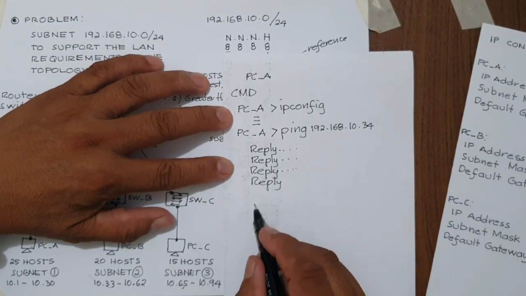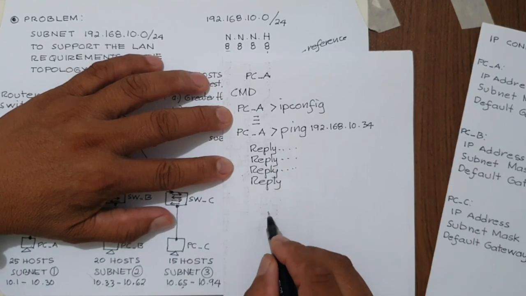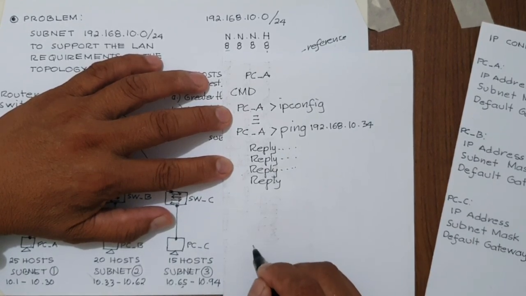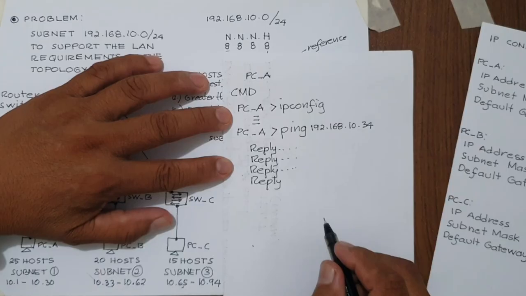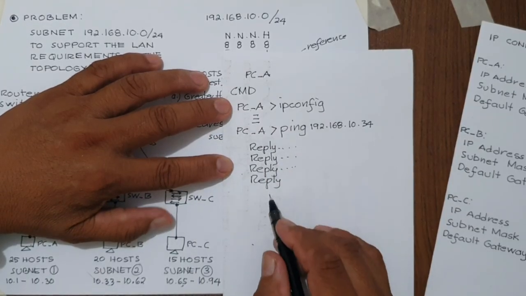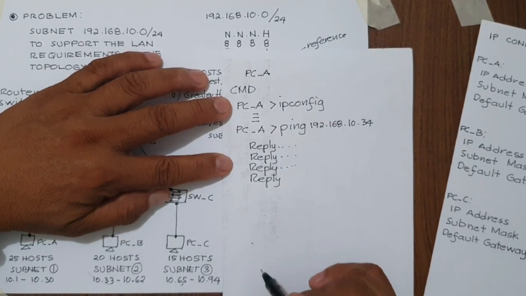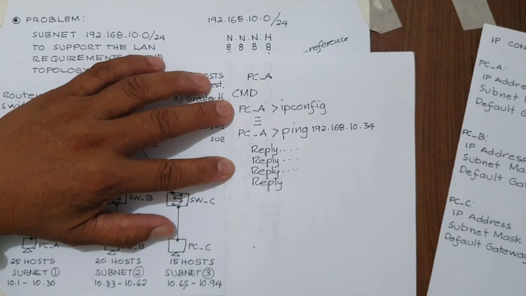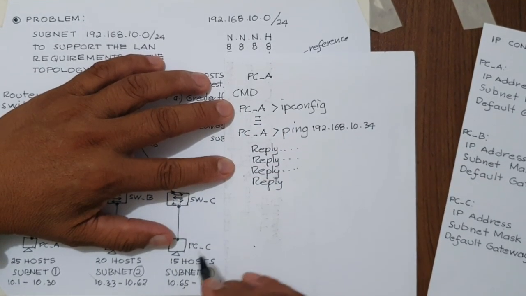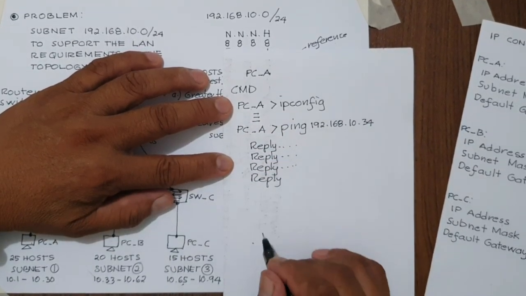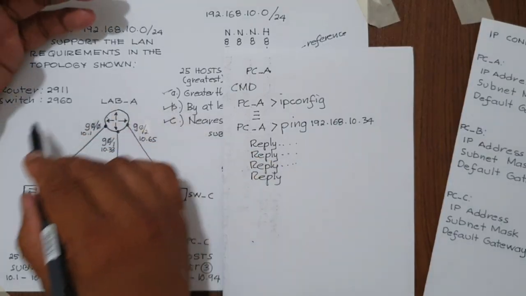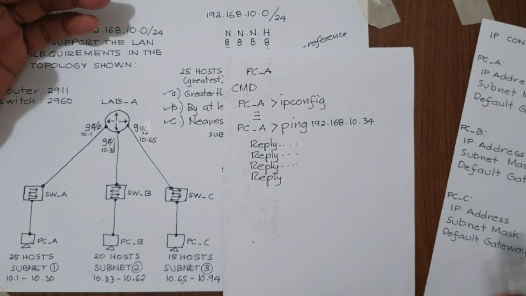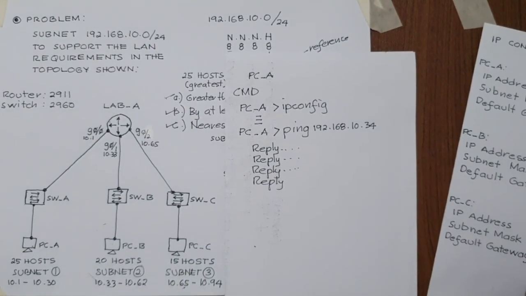If initially there is a request timeout, followed by 3 replies, you just repeat, because sometimes there is what we call latency. But once the computers have replied 4 times, it means that the network is now fully connected.